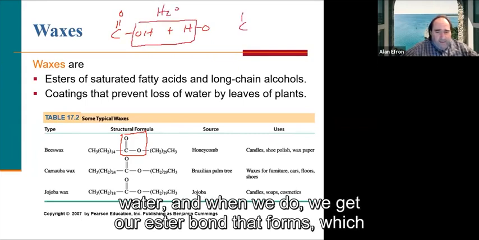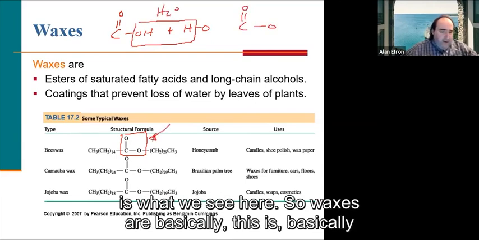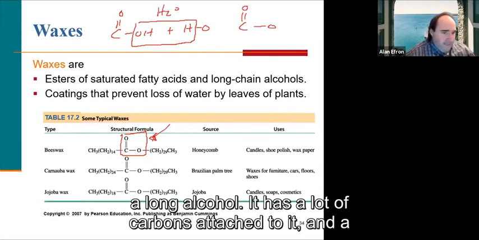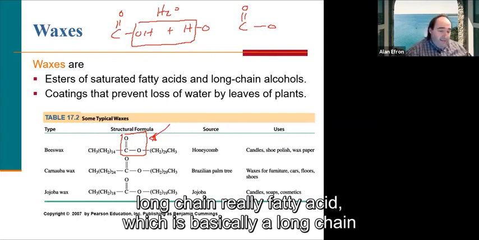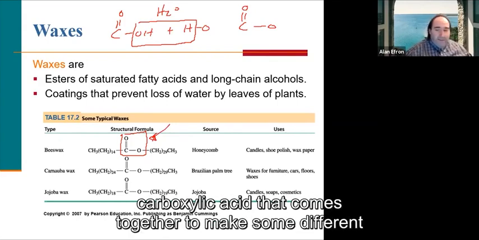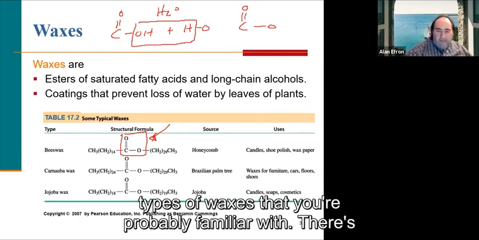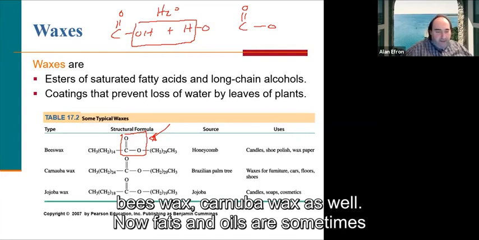When we do, we get our ester bond that forms, which is what we see here. So waxes are basically a long alcohol that has a lot of carbons attached to it, and a long chain fatty acid, which is a long chain carboxylic acid, that come together to make different types of waxes that you're probably familiar with. There's beeswax, carnauba wax as well.